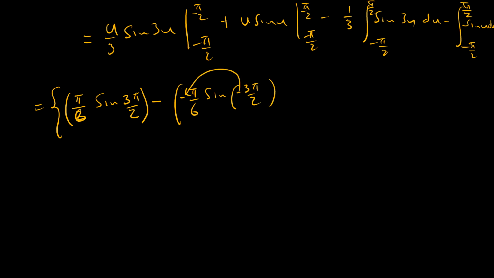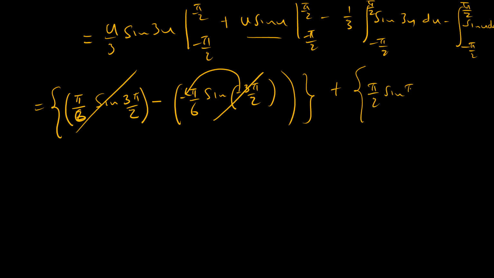Essentially, this negative comes out here and it becomes positive, and this cancels out, becomes 0. Plus the same thing happens for this part where we have pi over 2 sine pi over 2 minus negative pi over 2 sine negative pi over 2. This comes here and becomes positive, and essentially this and this cancel out.